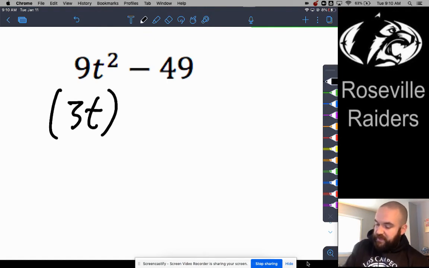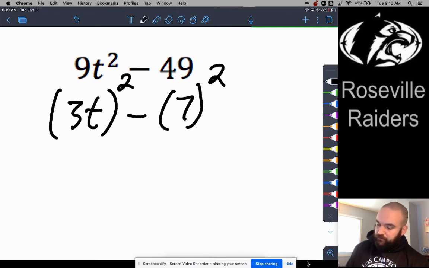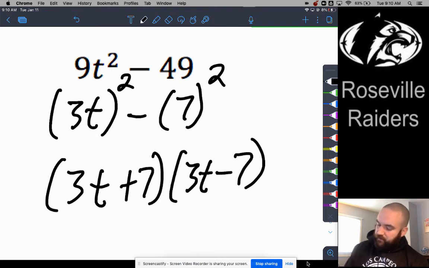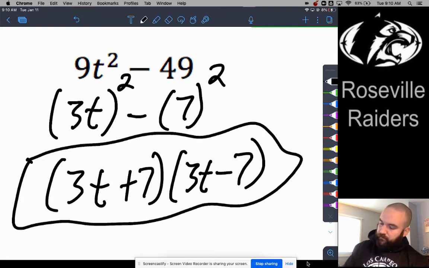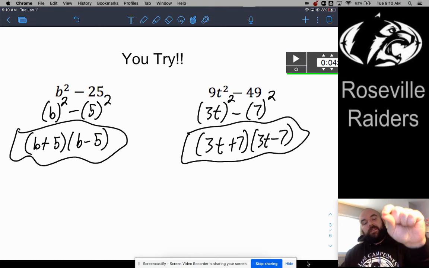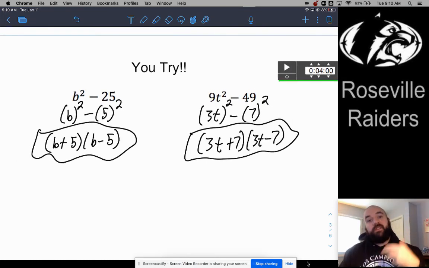This is 3t times 3t minus 7 times 7. So my factors are 3t plus 7 and 3t minus 7. Okay, so two terms, subtraction sign in the middle, and you recognize that both terms can be square rooted or written as something squared.